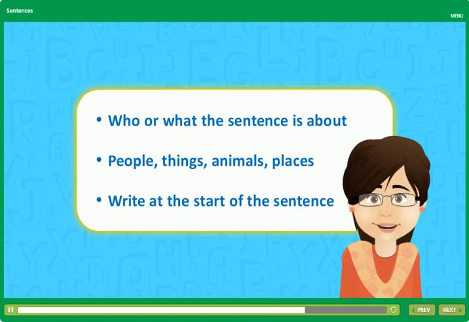Introduce the word subject once, but don't spend time getting your class to memorize it. Simply tell your students that this is what the sentence is about and that it is a naming word. This should come at the beginning of the sentence.